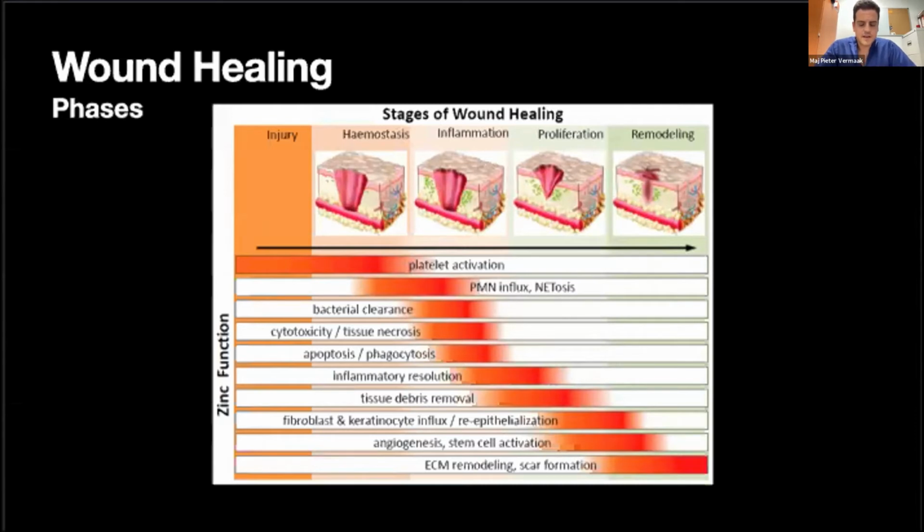They don't all happen at a specific time, it's not one thing that happens at one time. They overlap. As one starts to tail off, another one might start, and some of them are going on concurrently for a long time. So think of it as processes that happen together over time. Some of them happen earlier, some happen later.